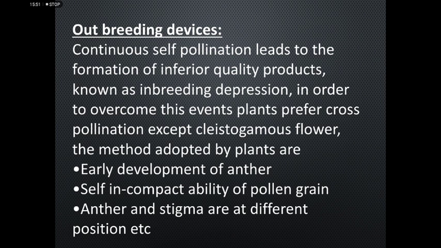After the shed off, the pistil development takes place. So self pollination can be limited up to a limit. Then anther and stigma are at different positions. It also helps to some extent because there is a chance of self pollination here too.